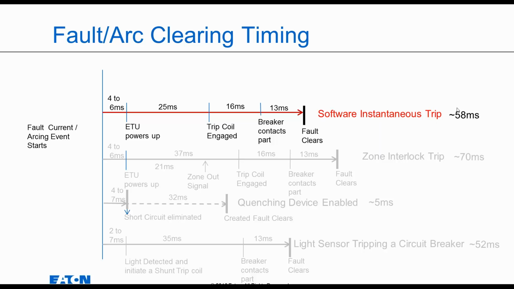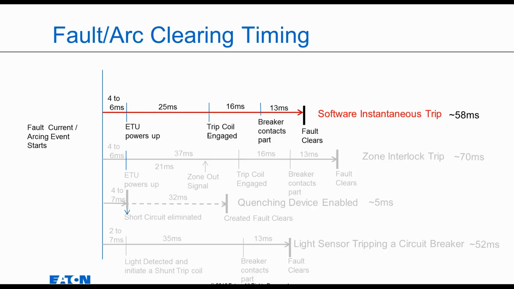So that takes approximately 58 milliseconds to happen. On some breakers that can be much lower, or it could be slightly higher for a maximum. So there is a tolerance, because you don't know, like this 25 milliseconds, I'm just picking an average, but it could be a little bit more, it could be a lot less, because it depends on where you're at in your sampling cycle.